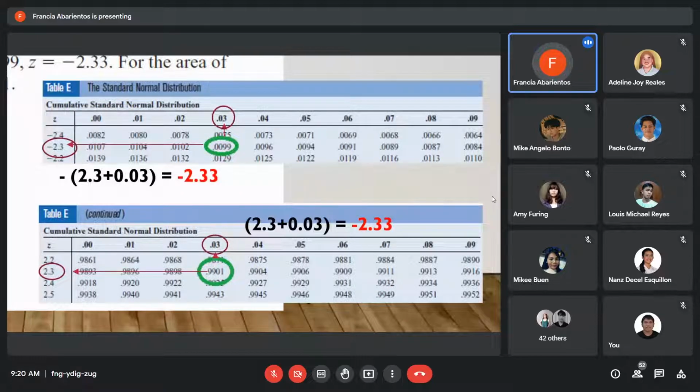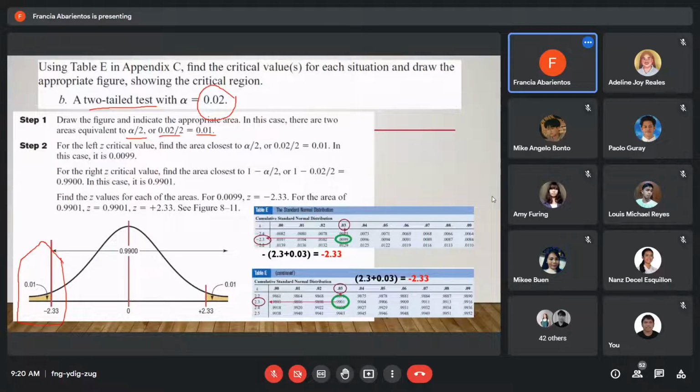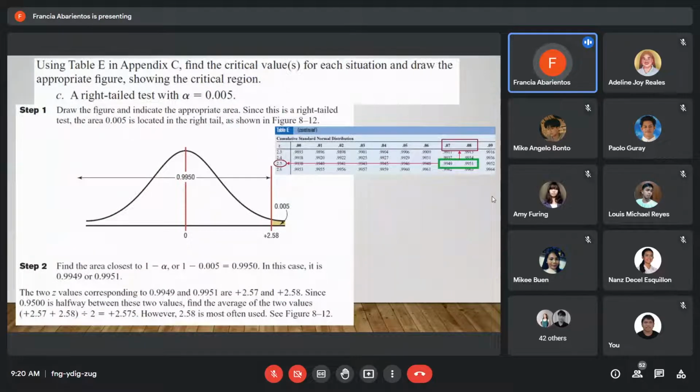Now, it will fall now under the critical value 2.3 plus 0.03, which is now, let me correct this. This is now positive. Positive 2.33. And as you can see in the figure.